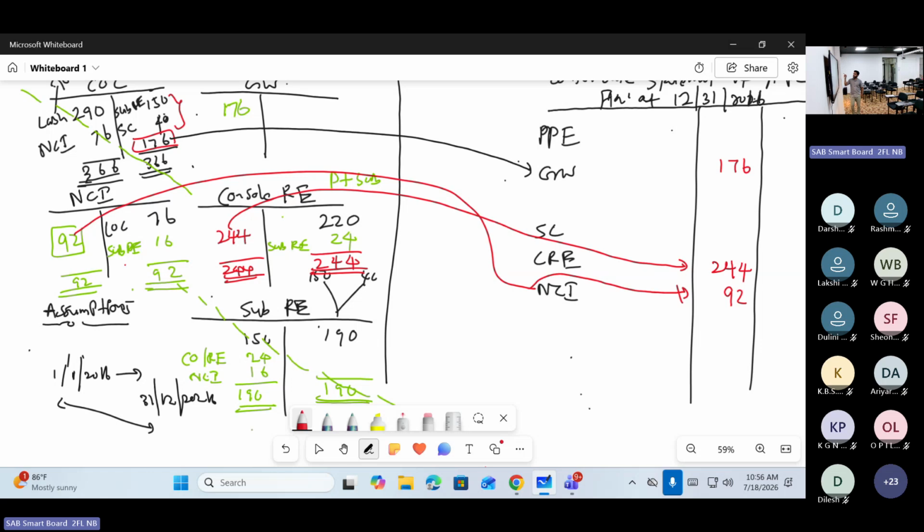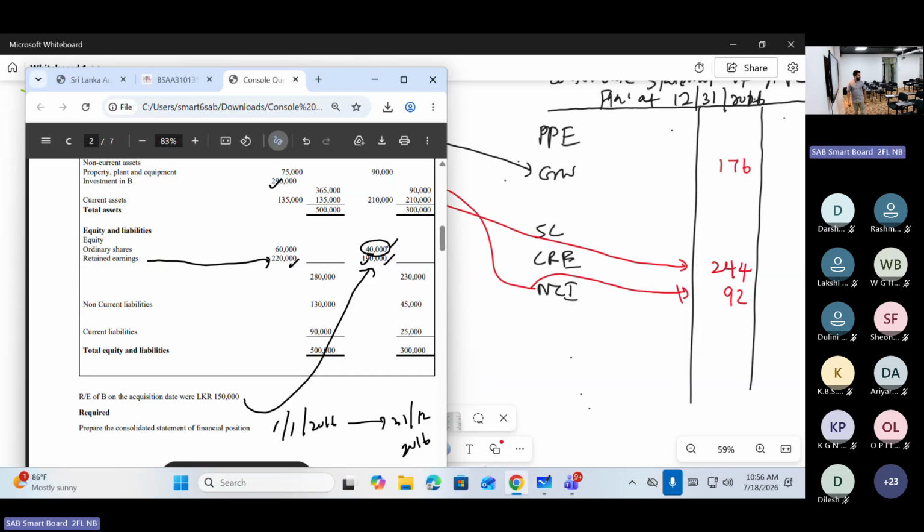This NCI, this consolidated earnings, this goodwill. Are you okay? Right. Then we are going to the balance sheet. Now the question is almost done.